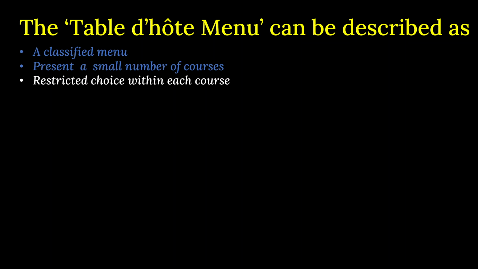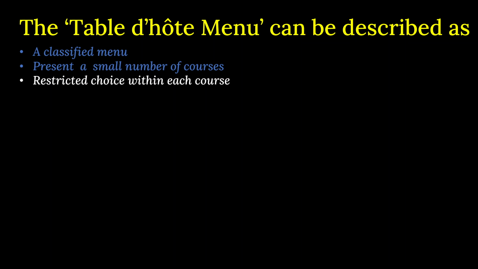Then you have a main dish option. You can have an option within the main dish, that is either a red meat or a white meat, or a vegetarian or a non-vegetarian. It depends upon the hotel's or restaurant's point of view. And then a dessert. Dessert may have a choice.